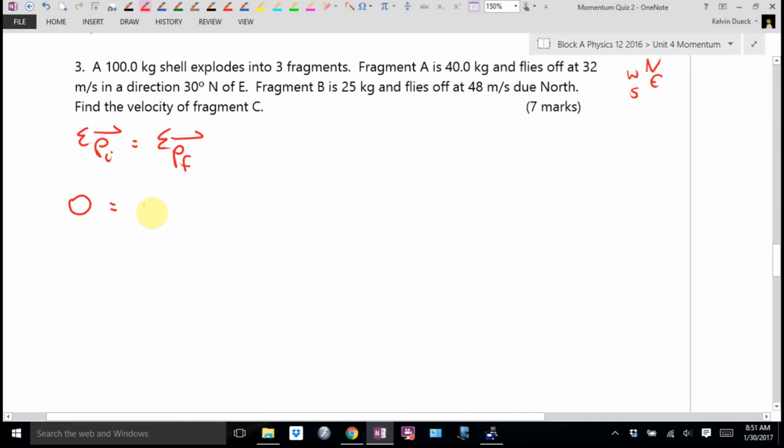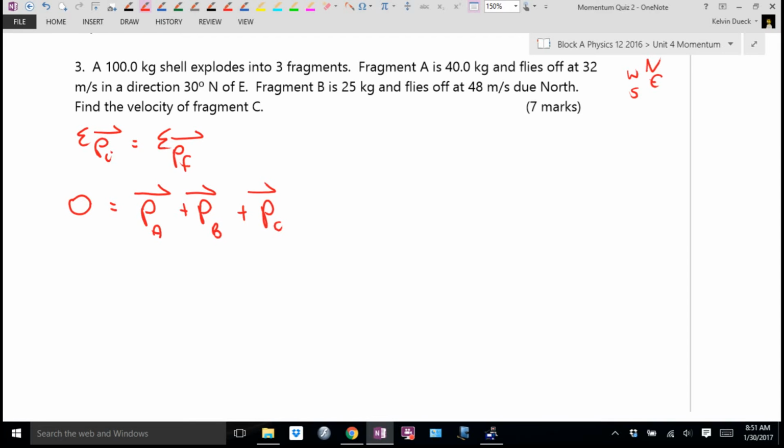So after, I'm going to have momentum of piece A, momentum of piece B, momentum of piece C. And if I draw these as a picture, piece A, 30 degrees north of east.